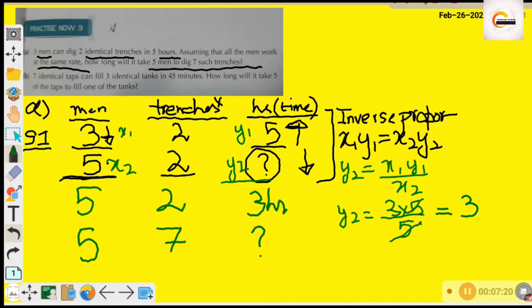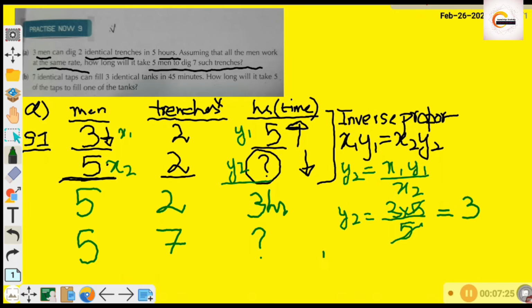Now let's see, if somebody has to dig 1 trench, will they take more time or less time? Of course, they will take less time to dig 1 trench than 2 trenches, right?